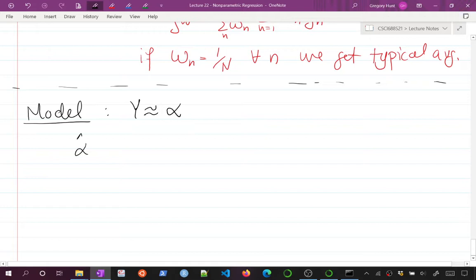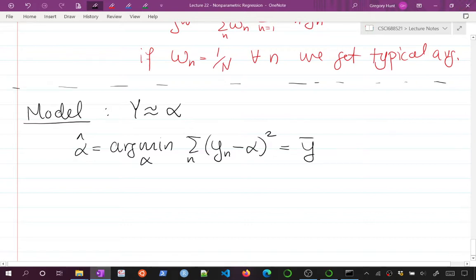And I could define alpha hat as the alpha that minimizes the squared loss of my yn minus alpha squared. I've said this before, we've done this a couple times. It turns out that the alpha that minimizes this is y bar.